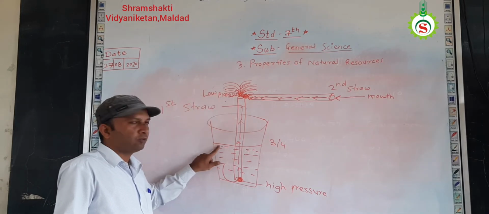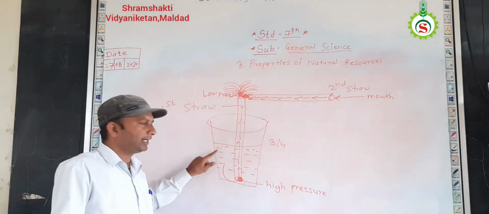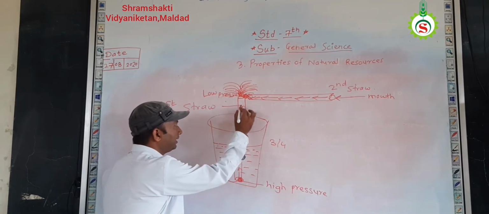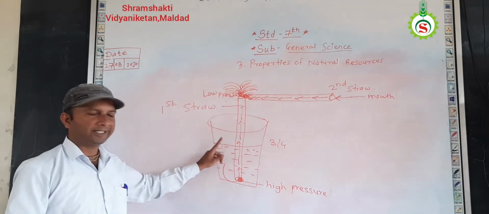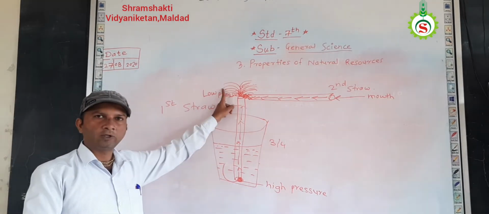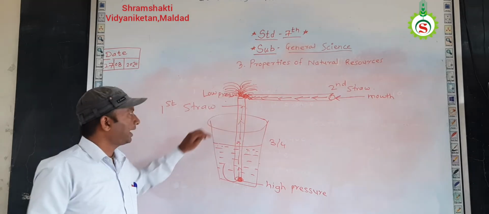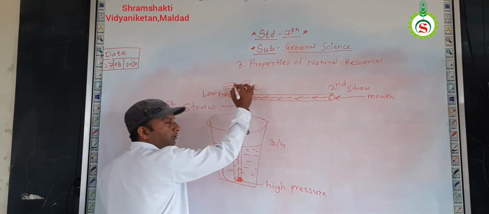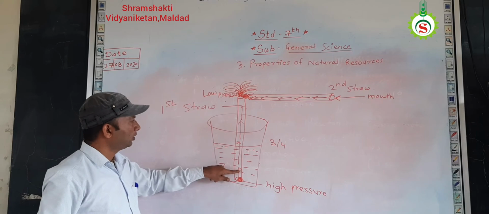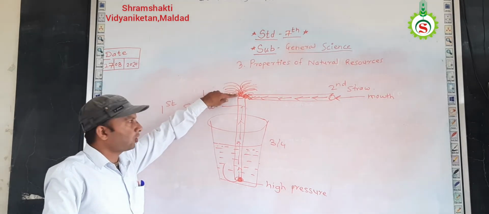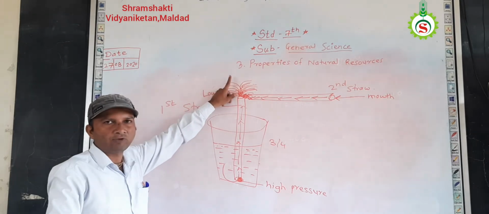Therefore the water molecules inside the glass start moving up the first straw, because movement always takes place from high pressure to low pressure. So the water goes out by the upper end of the first straw, and therefore we see the fountain.